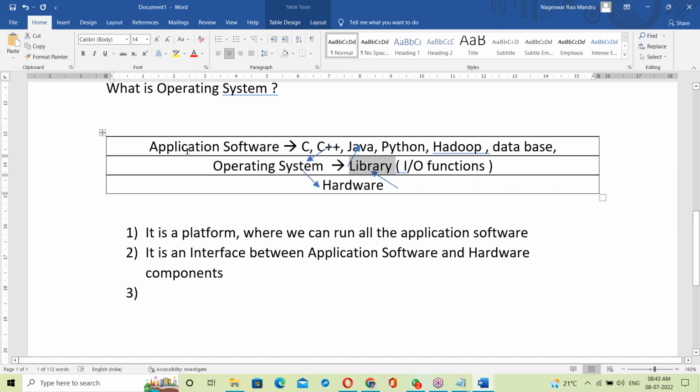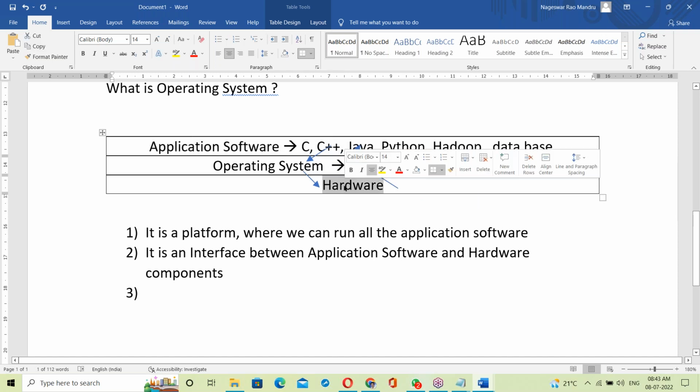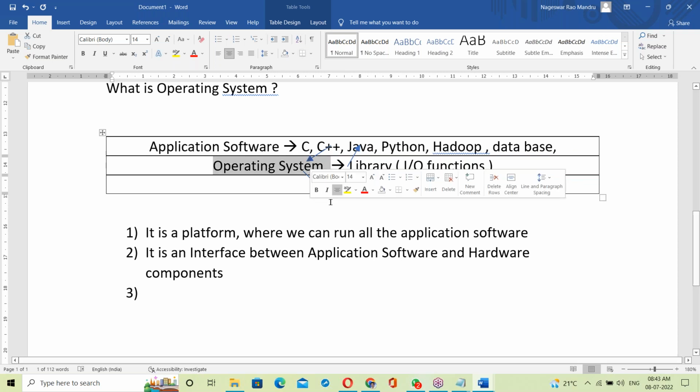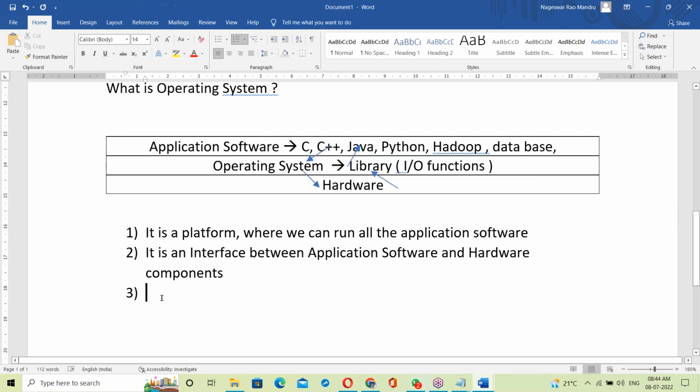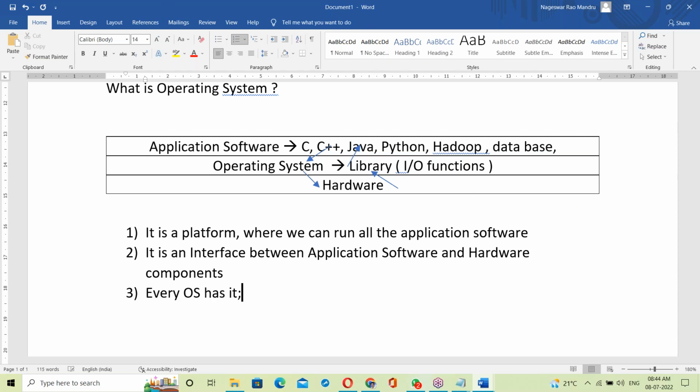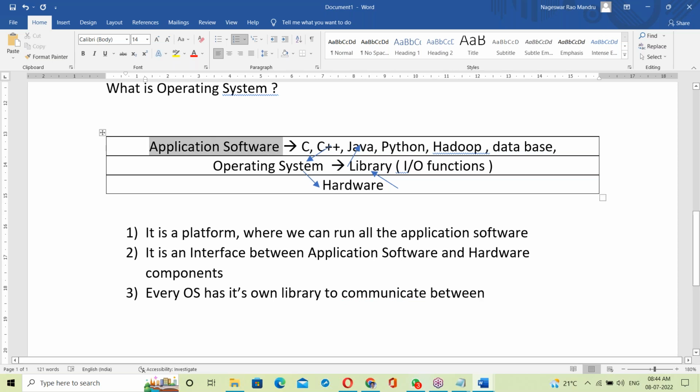Using this library, it can communicate between application software and hardware components.